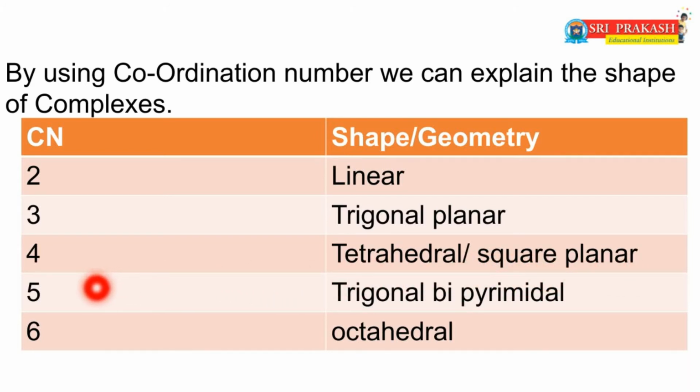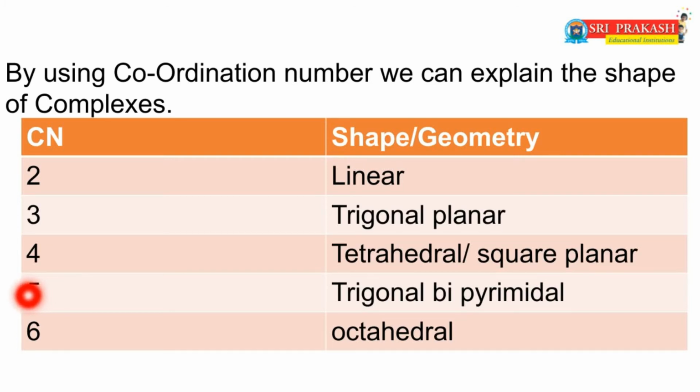If the coordination number is 5, that means 5 lone pairs of electrons or 5 monodentate ligands are involved in the complex formation. If coordination number is 5, the shape or geometry of the complex is trigonal bipyramidal.